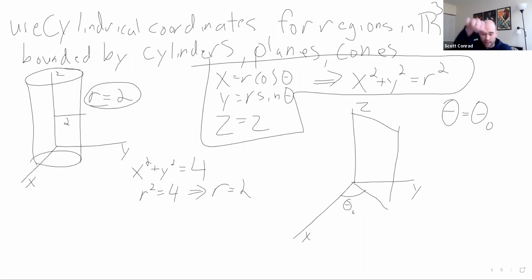Imagine it extending infinitely and away from the z-axis in that direction. So that's a half plane. Theta equals a constant. So r equals a constant is a cylinder. Theta equals a constant is a half plane.